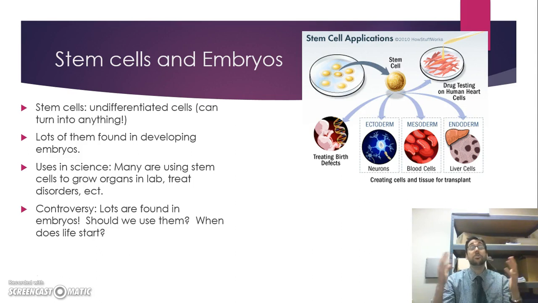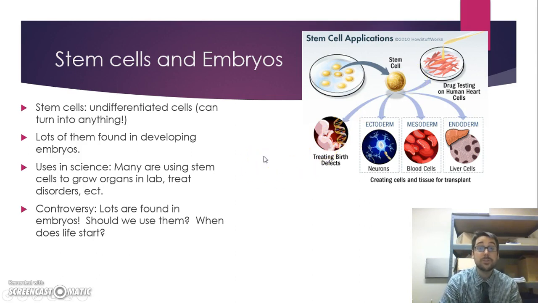So there are all these crazy cool possibilities. You could use stem cells for testing different drugs. There are places like the U of M that have been using them to create a heart and other organ transplants, if you will. Treating different birth defects.